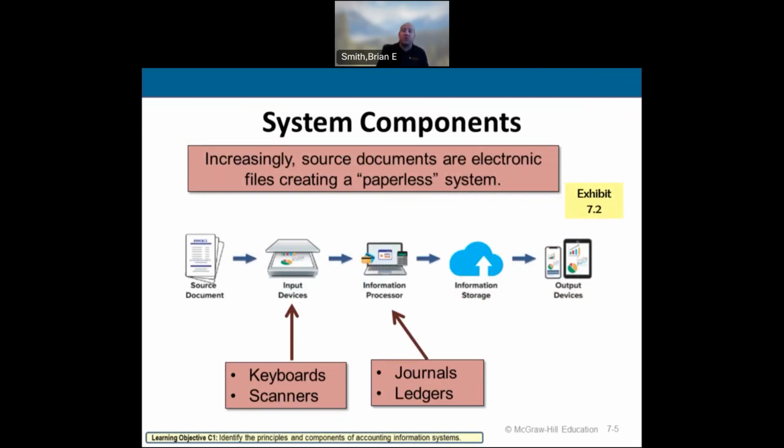It's software that's processing the information. It's going to analyze and put the information in a logical way for the user to be able to pull that data. And then, of course, you have the information storage, which could be in the cloud, could be wherever. And then output devices. That's your phone, your tablet, your projectors, TV monitors, just things like that.